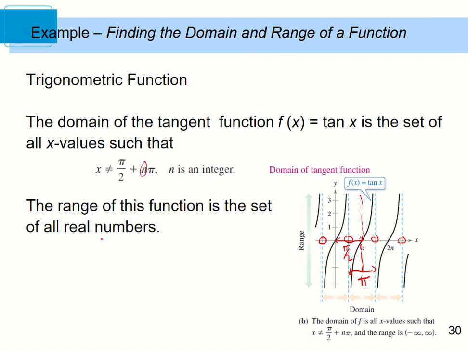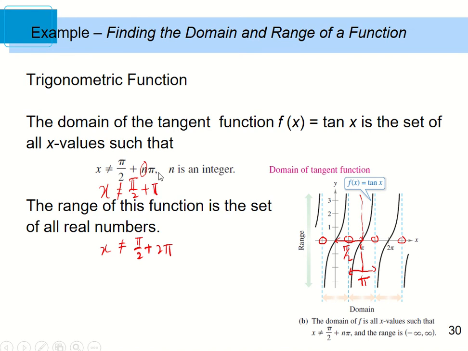So x cannot be pi over 2 plus 1 pi. x cannot be pi over 2 plus 2 pi either. Why? Because pi over 2 is here, plus 2 pi, 1, 2. So this is an asymptote.